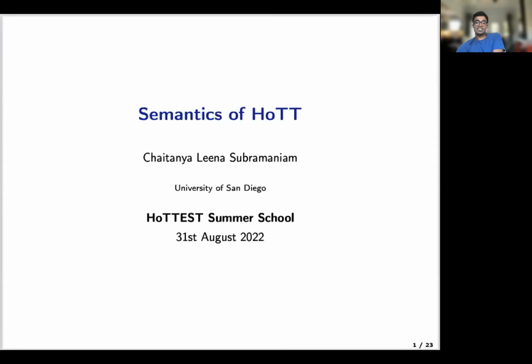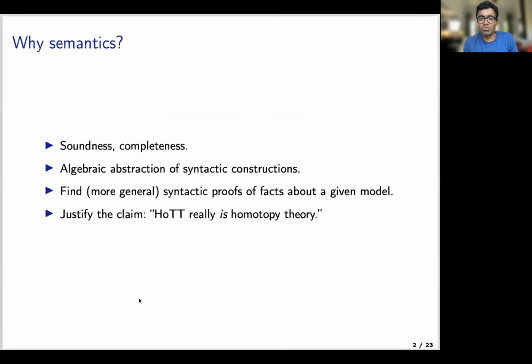All right, so semantics of HoTT. The first question you might ask is, why semantics? Even before what is semantics, but why does one care about something outside of HoTT? Well, semantics is a way to understand what we're saying using our syntax, but it also allows us to describe and discover properties about the syntax.